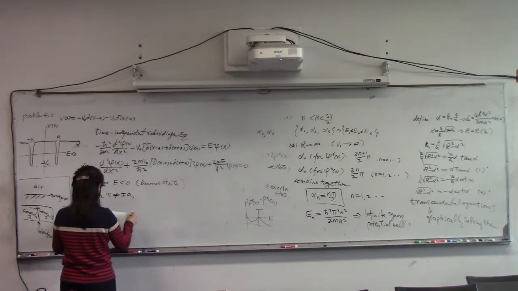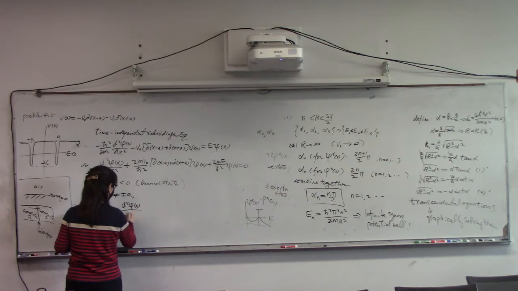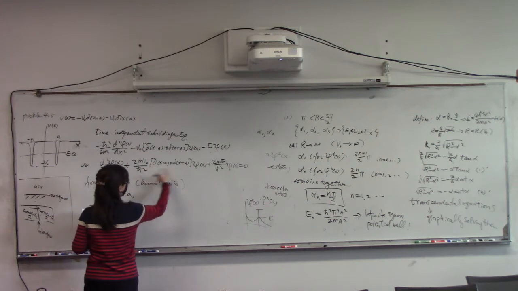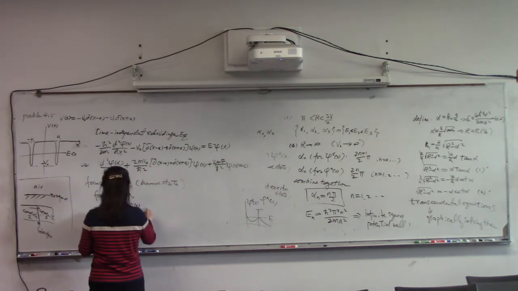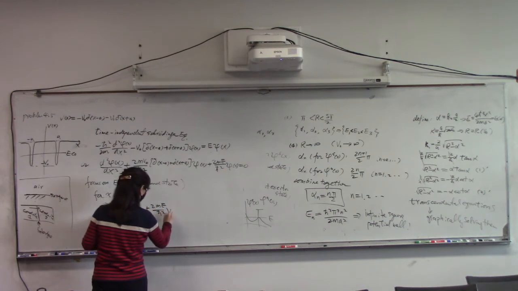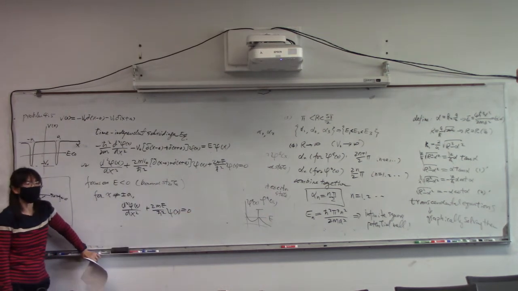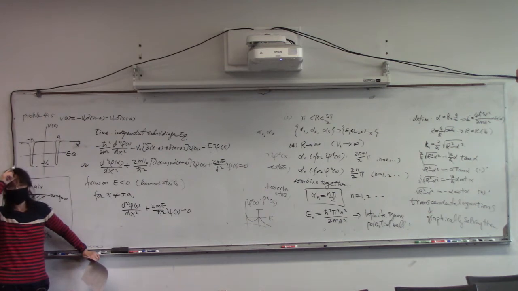So for this case, the Schrödinger equation becomes, with this term being 0, only the term with plus 2mE over h bar squared times psi. What kind of solution is it? It's a sinusoidal function or exponential?